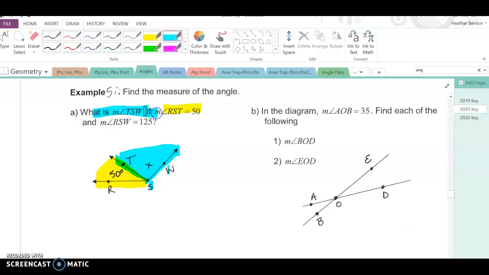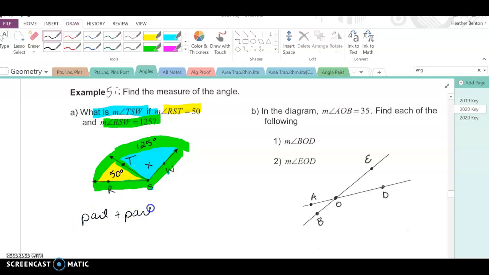And so the question, oh wait, one more piece of information, RSW, this whole thing, both of them combined, the whole is 125 degrees. So maybe you're thinking about part plus part equals whole. In this situation, our two parts are 50 degrees plus x equals 125 degrees.